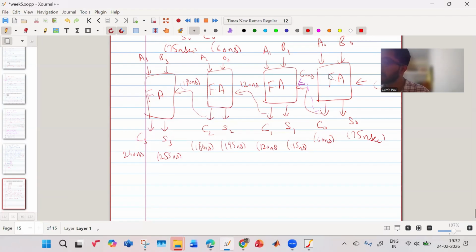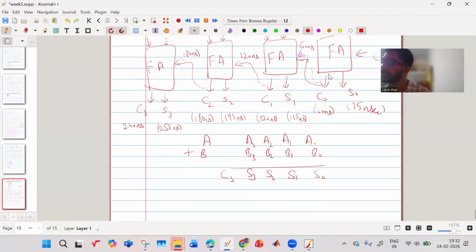Okay. So the result of my addition, that is my A plus B, that is A3, A2, A1, A0 and B3, B2, B1, B0, the result of this addition would be what? S0, S1, S2, S3, and carry 3. So I need to see how much time it is taking for me to generate all of them together.